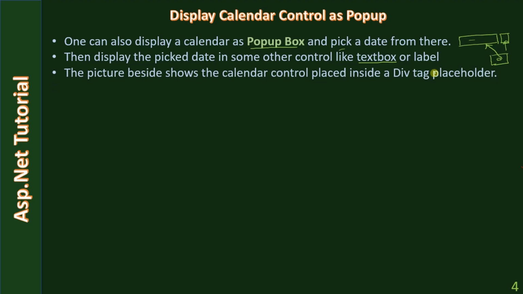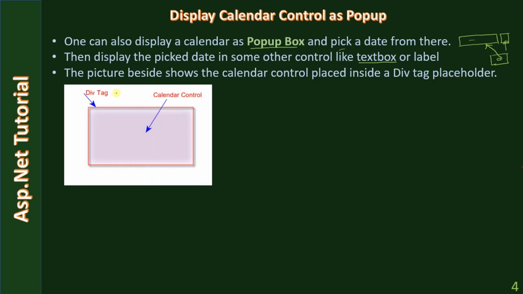The picture beside shows the calendar control placed inside a div tag placeholder. So if you see, this is the div tag, and inside this div tag the calendar control is placed.